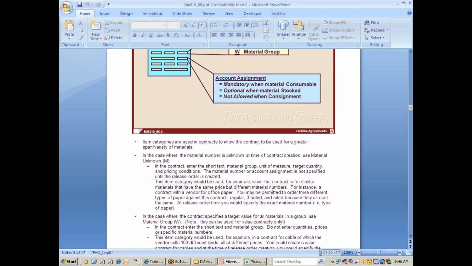In this case, the RAM price will be different from the CPU price, or from the hard disk price. So this contract is also used to extend the scope of the contract, by adding more and more materials belonging to the same material group but with a different price. Such a scenario is handled using a value contract.